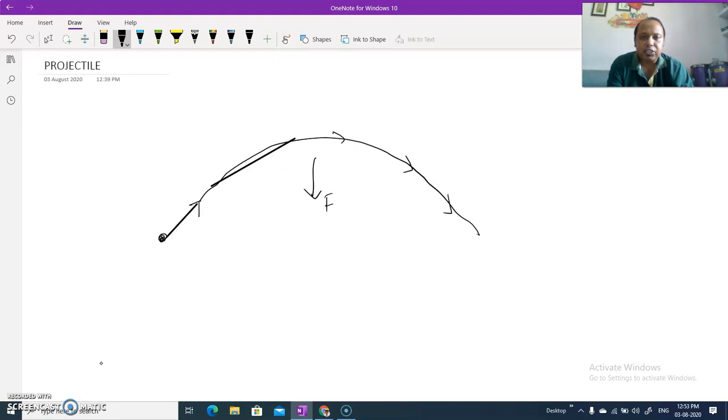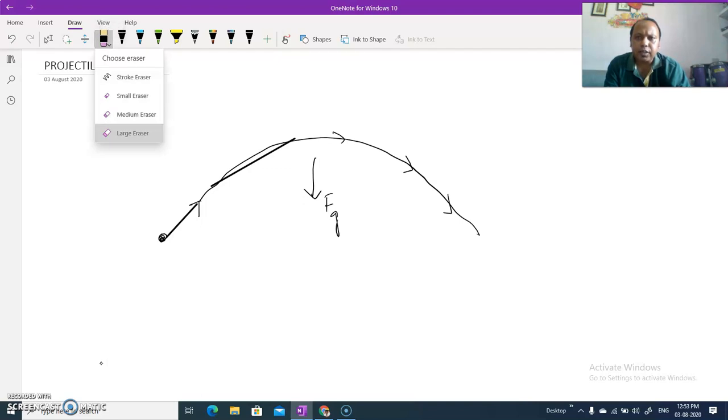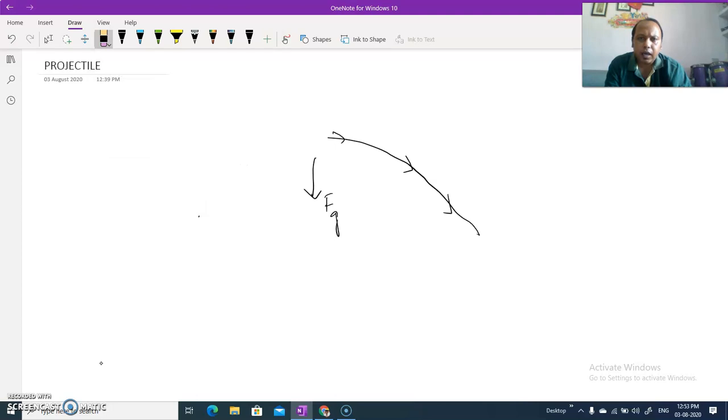That is, the gravitational force is always acting on it, and because of that, whether it is moving in the upward direction or in the downward direction, it is always acted upon by the same gravitational force. So this gravitational force is what we are concerned with for the projectile motion.